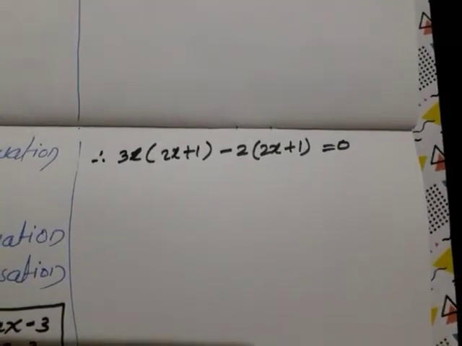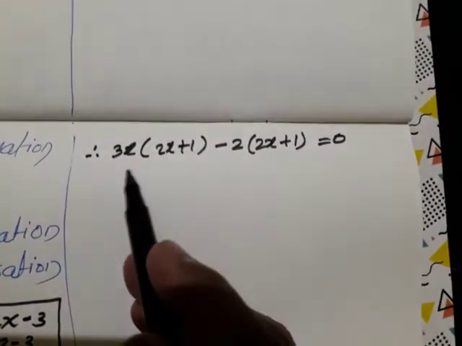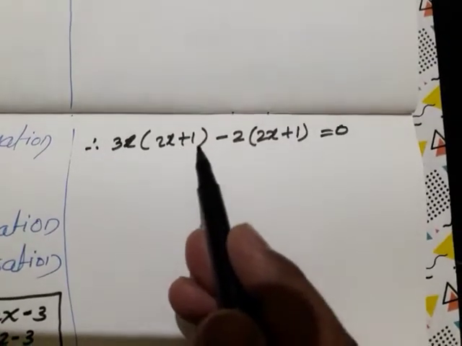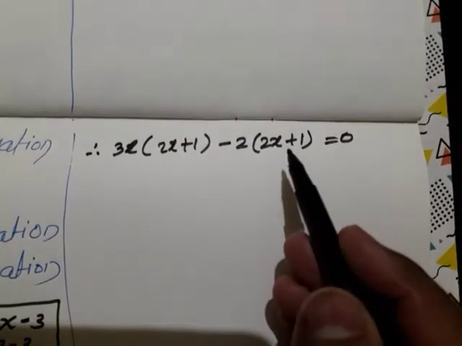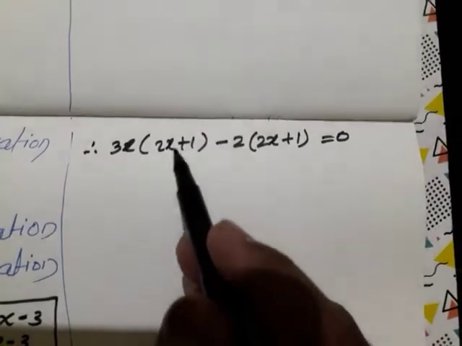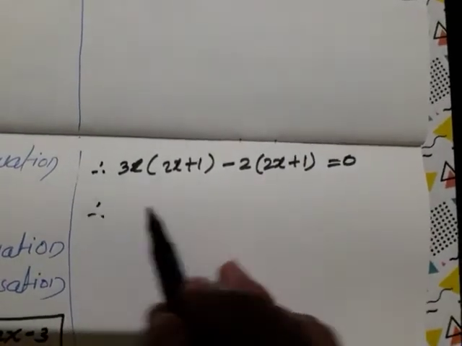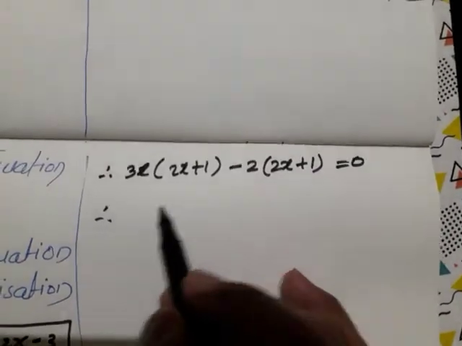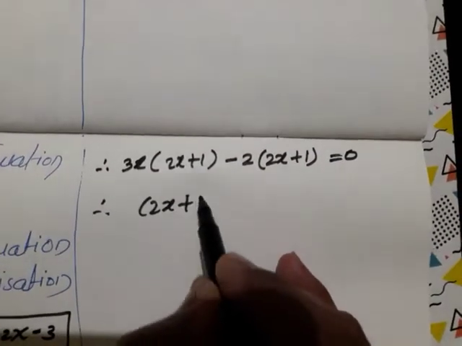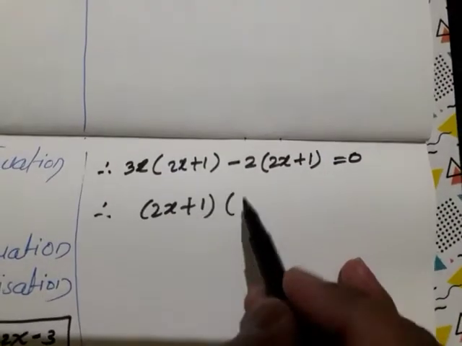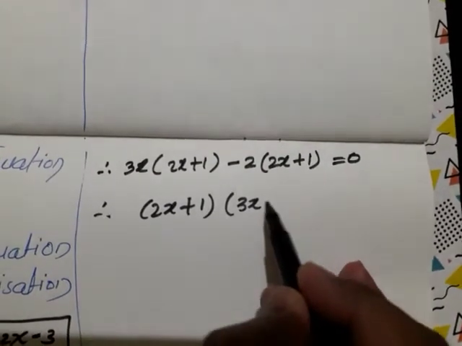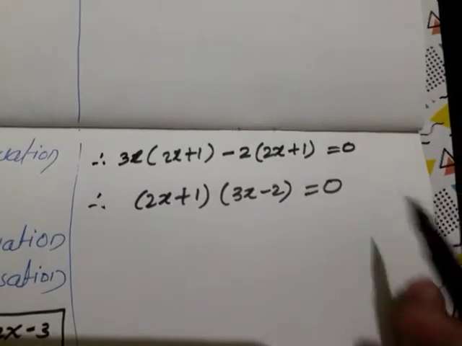Got idea what I said? We have taken 3x as the common factor, what will remain inside, 2x plus 1. Here minus 2 is the common factor, what will remain inside, 2x plus 1. The bracket which we got here, same bracket we got here. Therefore we will take it out, 2x plus 1 and remaining 3x minus 2 is equal to 0.